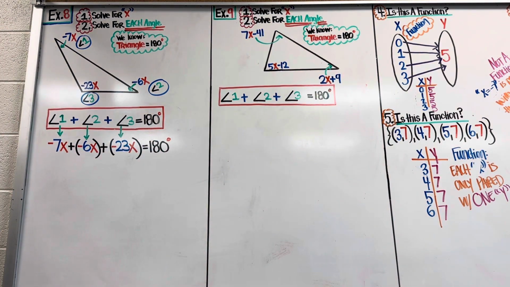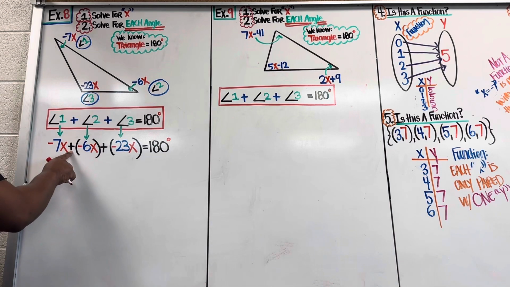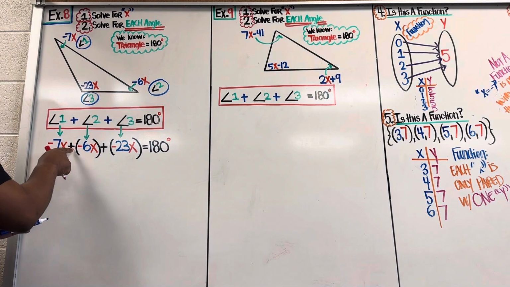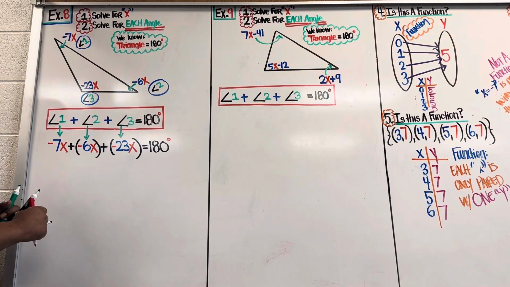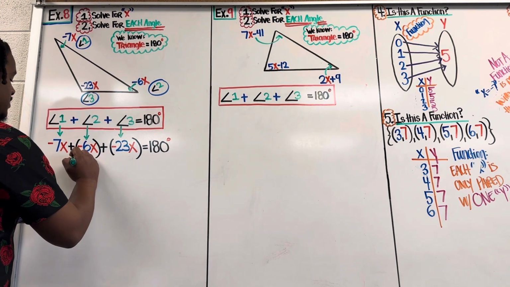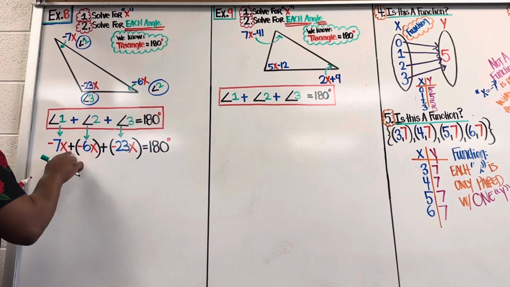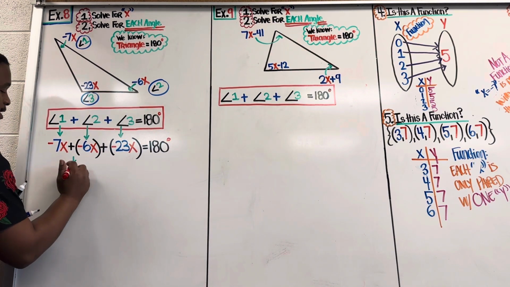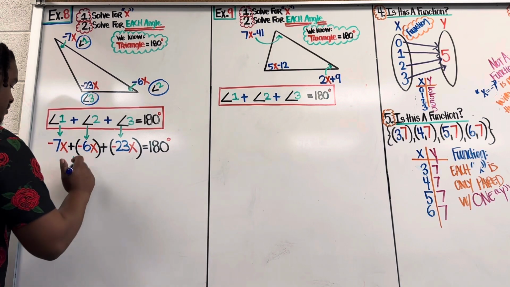Now, remember, plus a parentheses negative 6x is just like saying positive 1 times negative 6x, which is negative 6x. So we're going to rewrite this as minus 6x, because a positive and a negative turns into a subtraction sign.